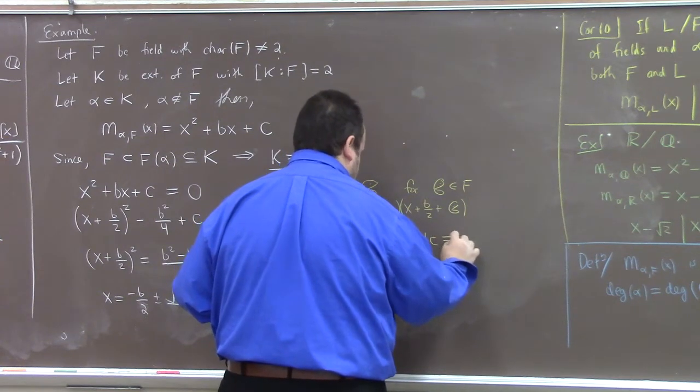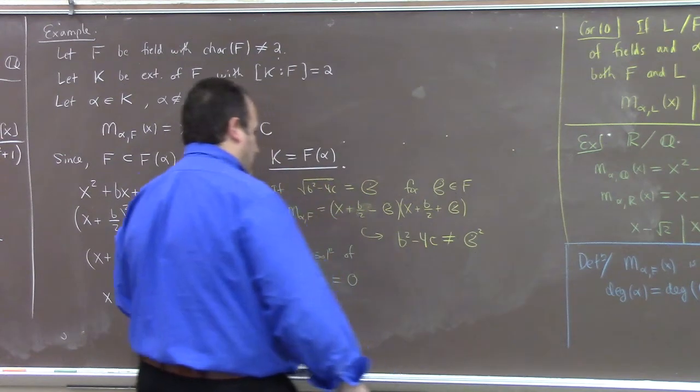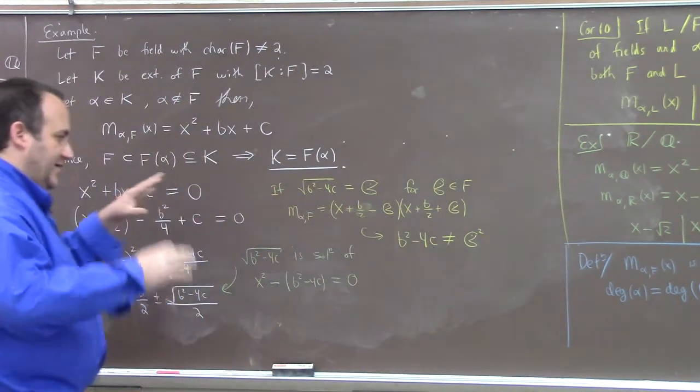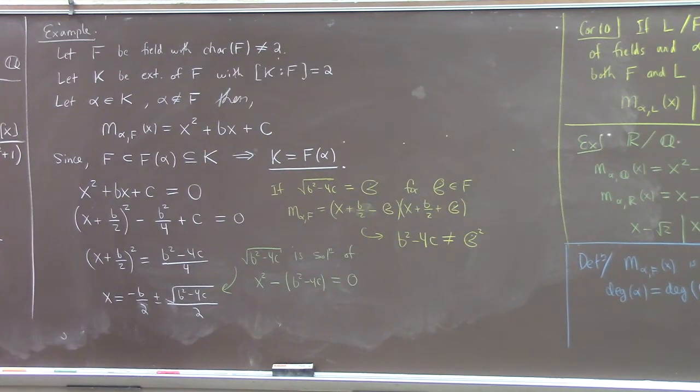And sometimes, yep. So there we go. We cannot have b squared minus 4c be a square of a field element. Otherwise, it contradicts alpha being in K, which is not in F. It makes the minimal polynomial go away.